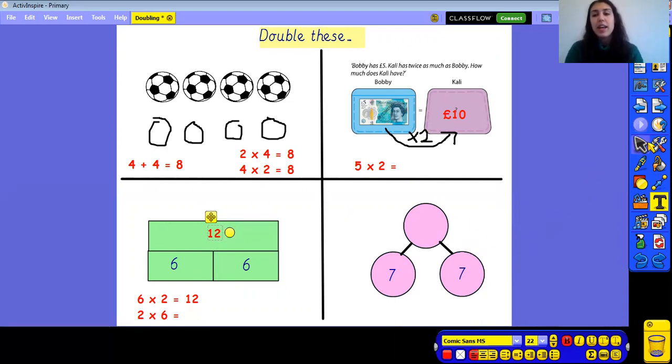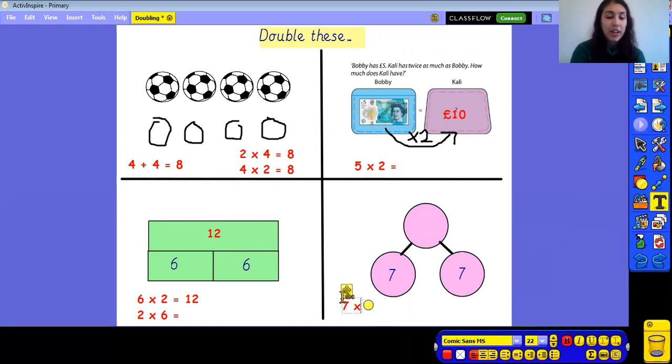And then over here is a different way of showing a part whole model. These are our cherry models. And we can say these 2 parts are equal. So we are doubling 7. So double 7 is the same as 7 add 7, or having 2 equal groups of 7.